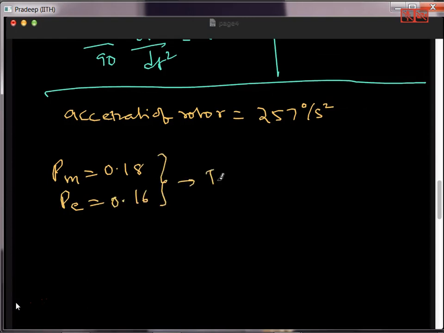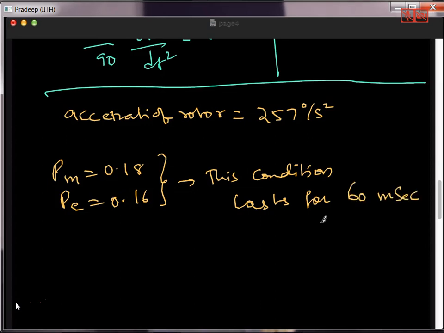So this condition lasts for, let's say, 60 milliseconds. For 60 milliseconds this balance is changed, and then later on again PM equal to PE equal to 0.16. So momentarily I am increasing the mechanical power, and then again I am getting it back to the normal value.